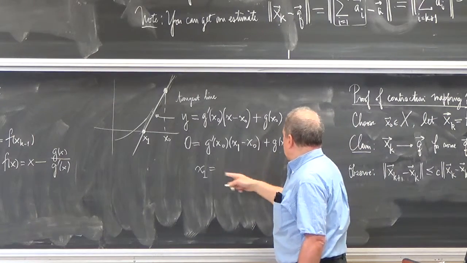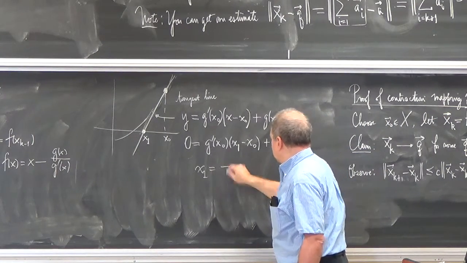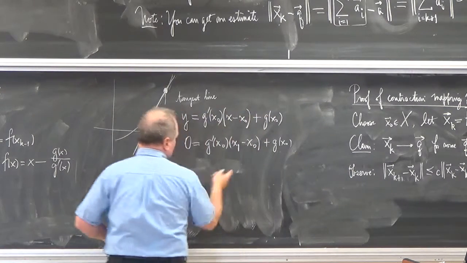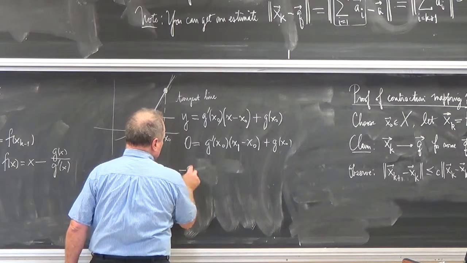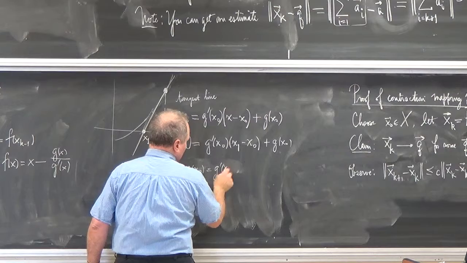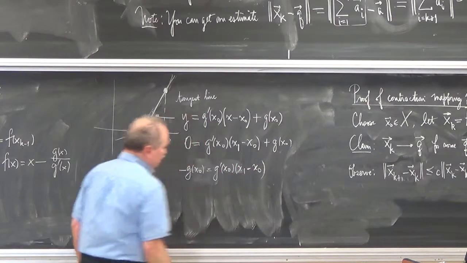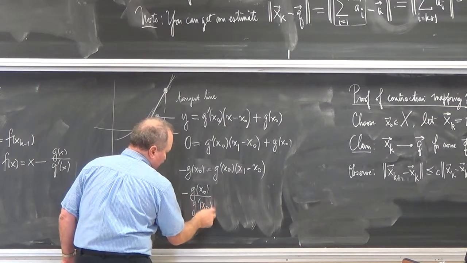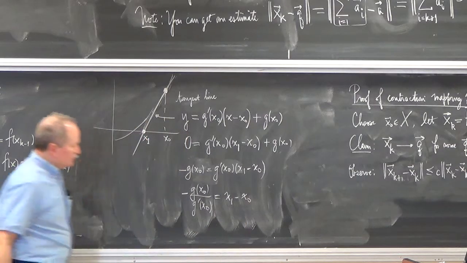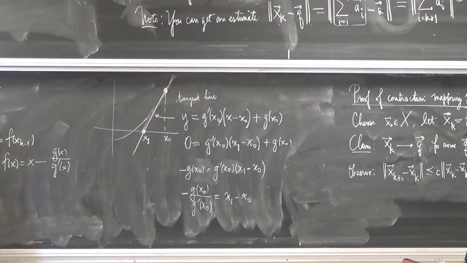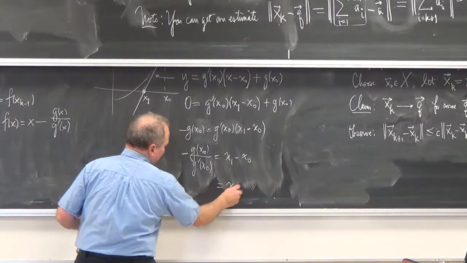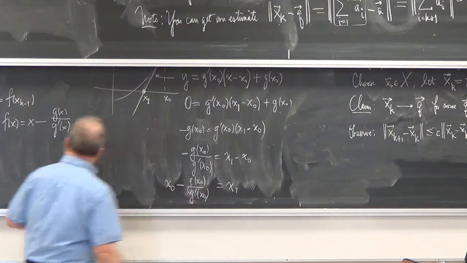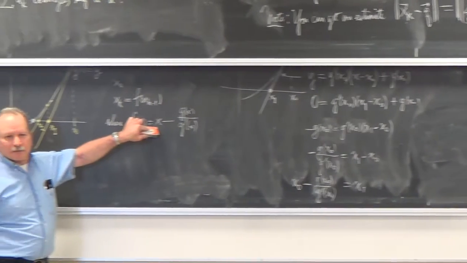So negative g of x naught equals g prime of x naught times x1 minus x naught. Divide by g prime of x naught. And then add x naught. So there's the function you're iterating to make this method work.